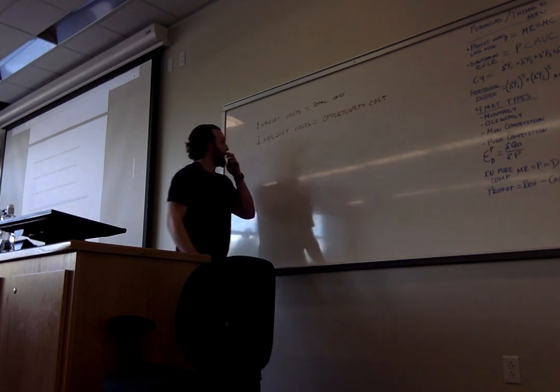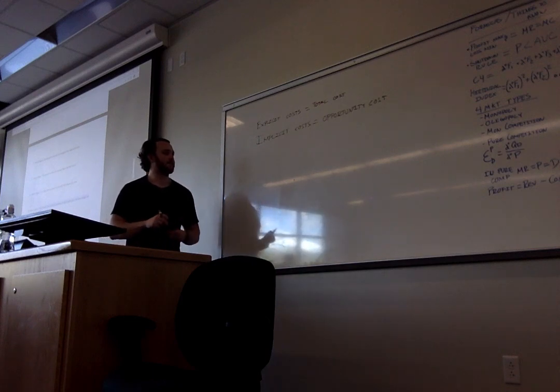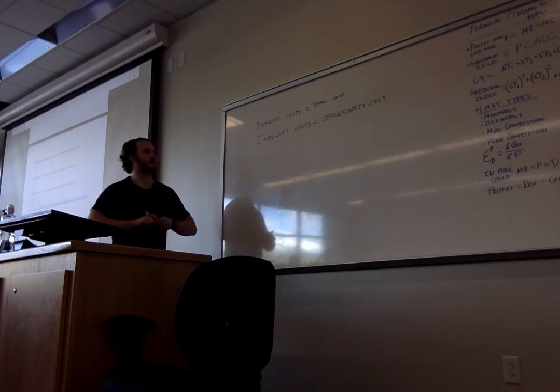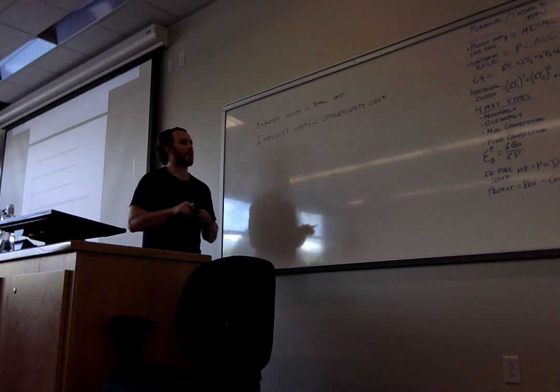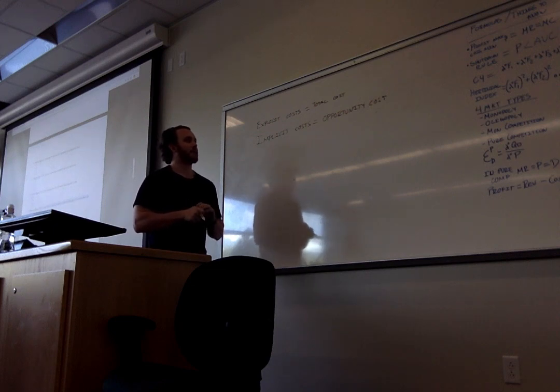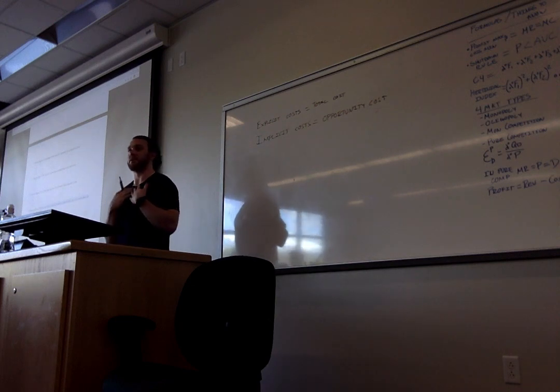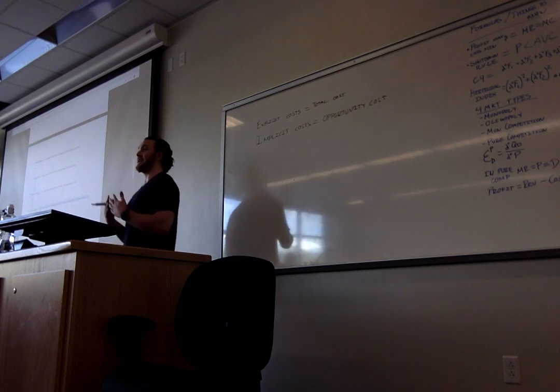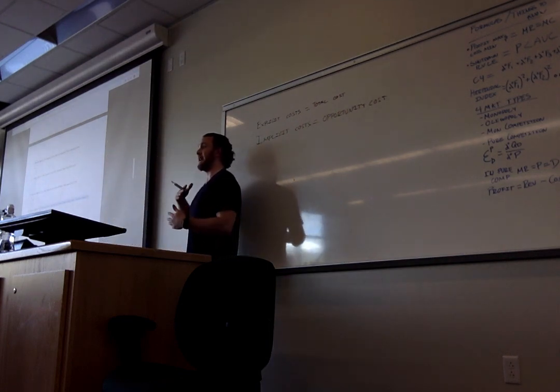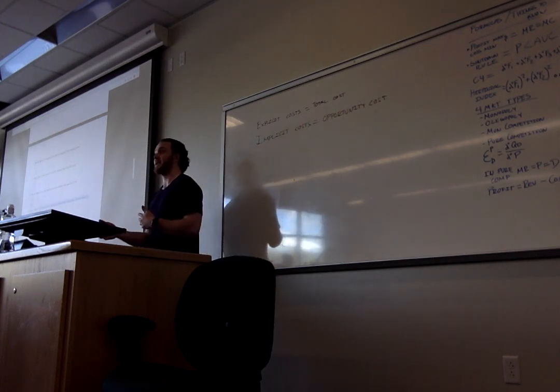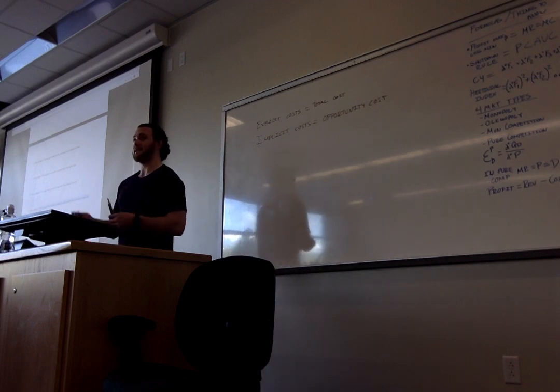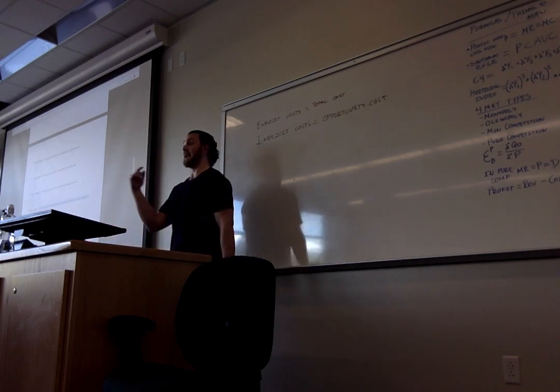All right. To explain this kind of simply, we'll use a personal example. I'm trying to decide whether or not I'm going to be a TA next semester. My alternative is, if I'm not a TA, I'm going to take an additional class.